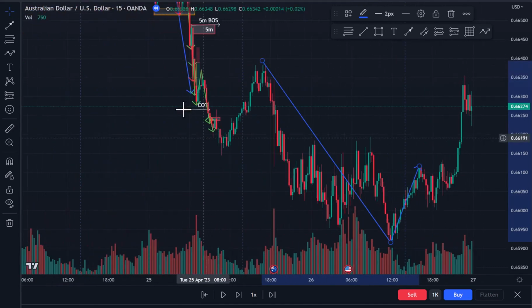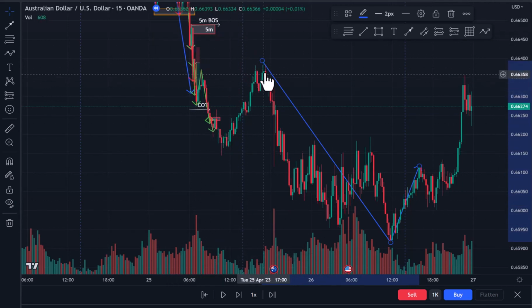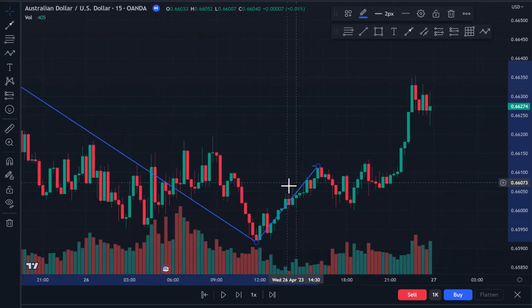I look back because I'll point out that this trend is continuing from a bigger downtrend. So if this is the most recent pullback, then there's a high, a lower low, a lower high, lower low. So that's a downtrend.